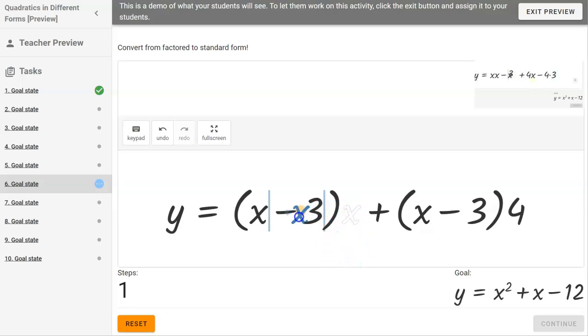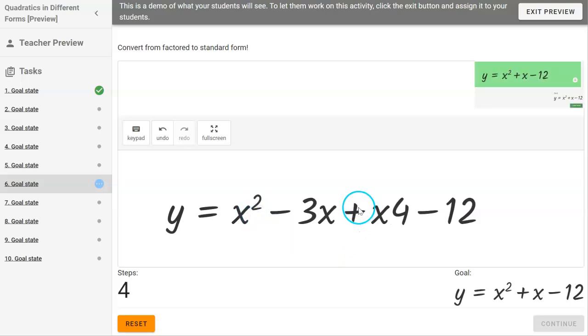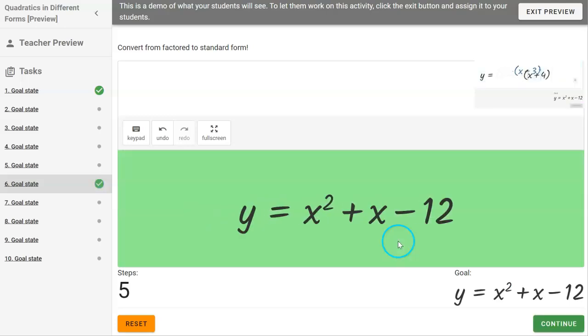And then you can move that, whatever's on the outside of the parentheses, inside by distributing. And then you're going to combine like terms. So let's see, we have an x squared here. If you click these, it will combine those. And then you're done. So again, follow this little graphic here for the first one, and then the last 4 will be just like that one.